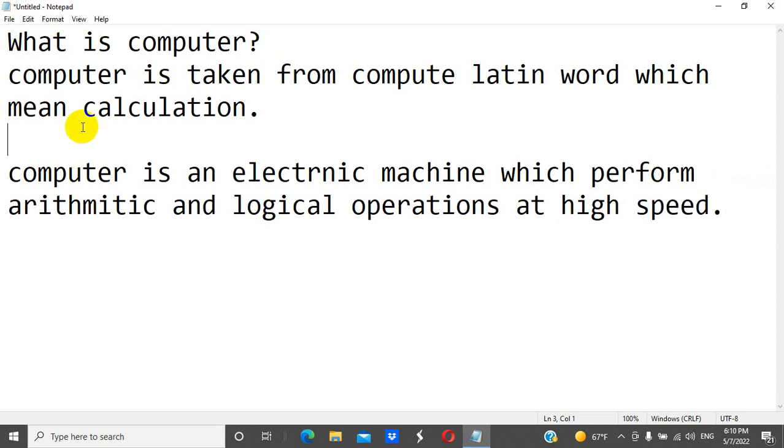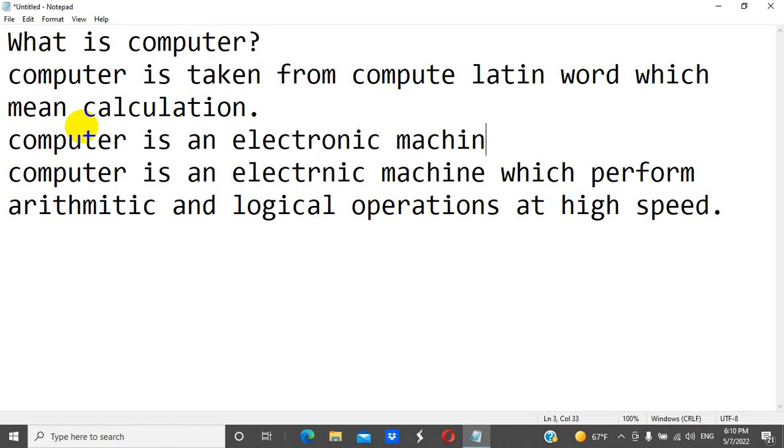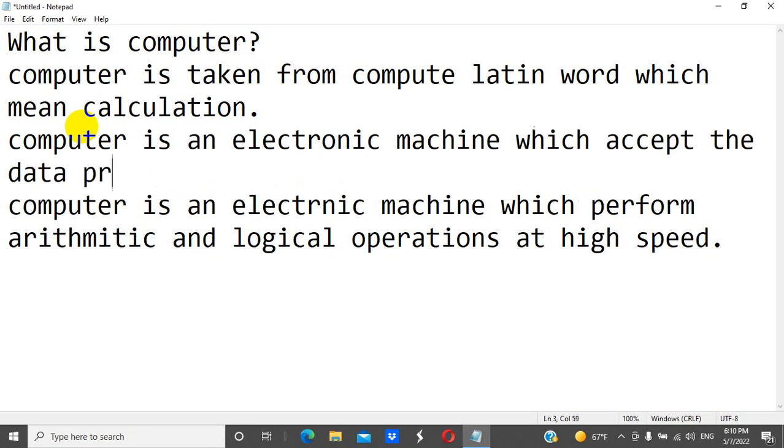Or we can say a computer is an electronic machine which accepts the data, processes the data, and gives the result.